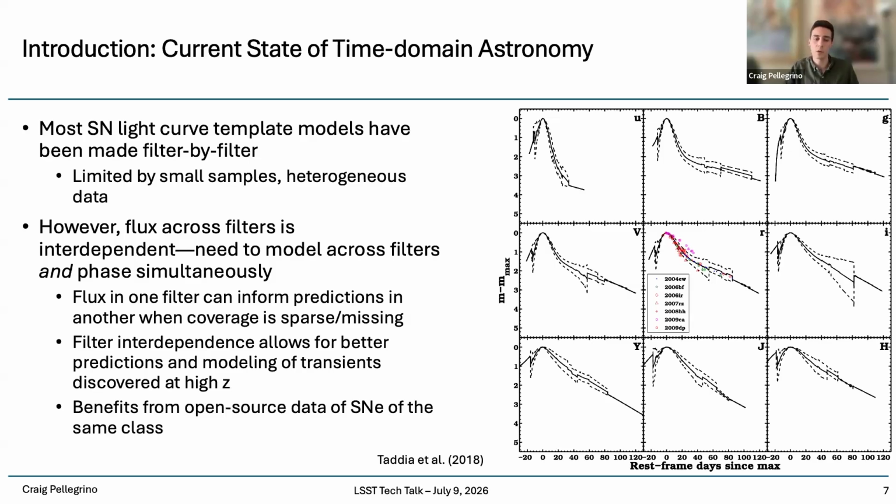And we can obtain a better understanding of the full supernova SED. This will allow for better predictions at high redshifts, again, where that SED gets redshifted from the ultraviolet to the optical and the infrared. We've also entered this regime now where we have enough open source data from different time domain surveys, as well as different data releases from different collaborations, that we can actually start conducting these modeling efforts at the population level.